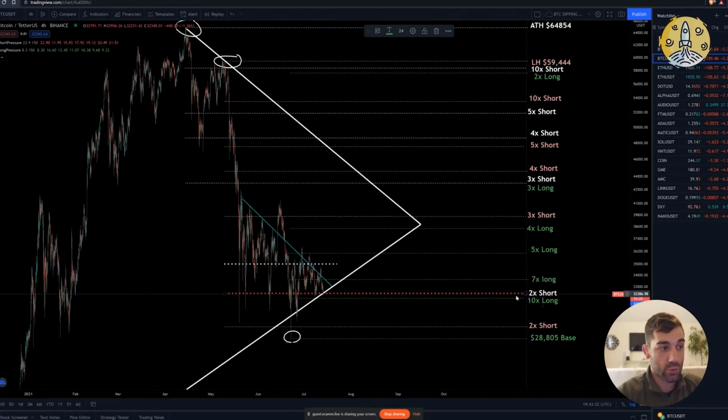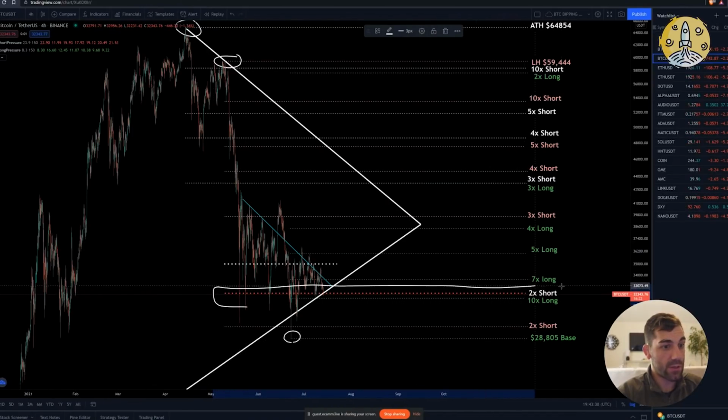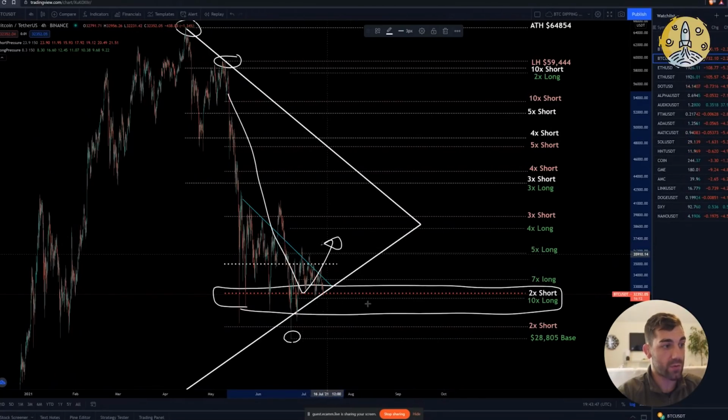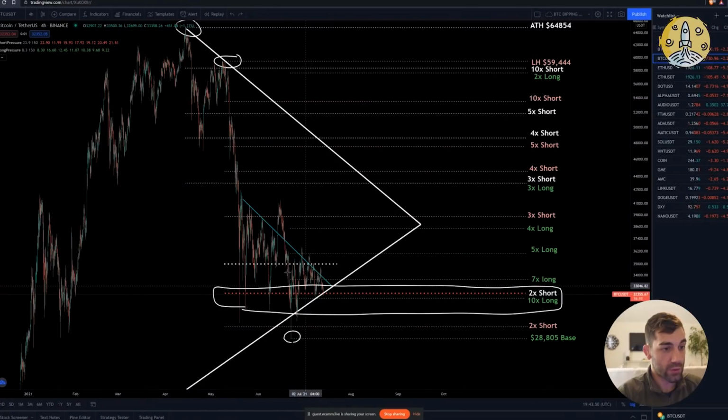We also have our 2x short level. So we know that in this range, if Bitcoin's price is approaching from the top, there's very, very strong support and likely to be some sort of a bounce, whether in the short term or the long term. This is very strong support.